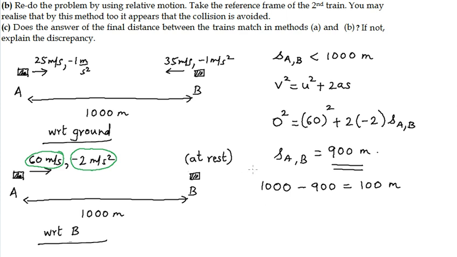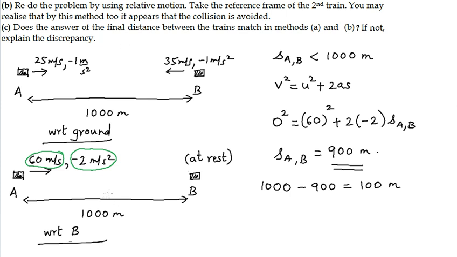Clearly, at least one of these methods seems to be wrong. Which of these two methods is correct and which of them is wrong is the subject matter of the third sub-question, in which we are asked to explain this discrepancy, that is, the difference in the final distances between the two trains as calculated by the two methods.